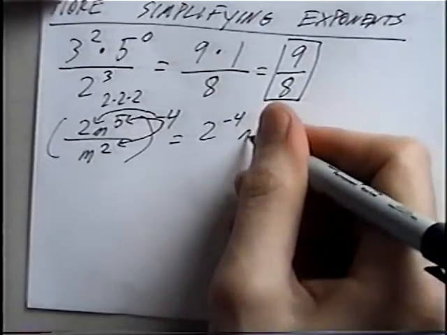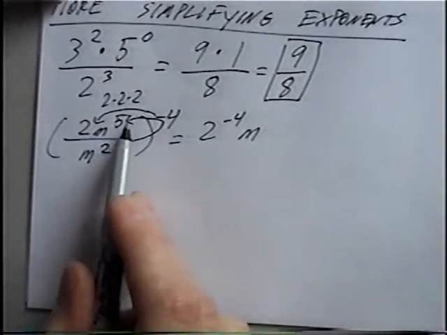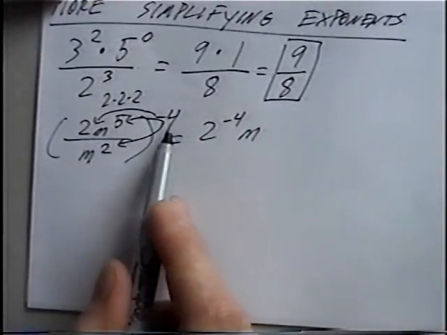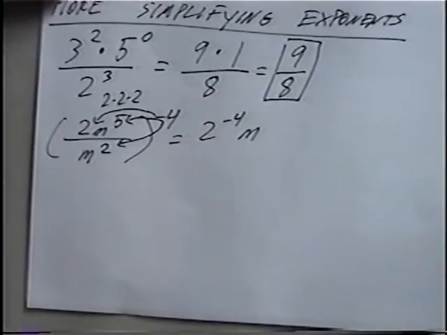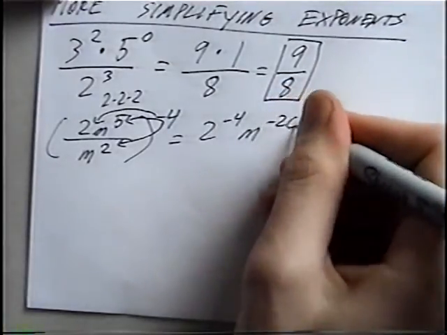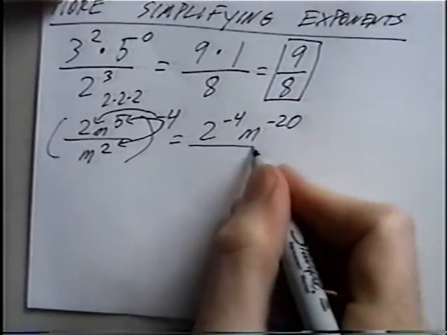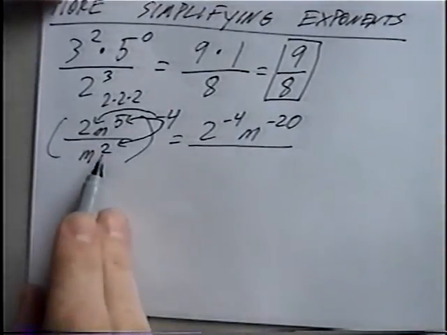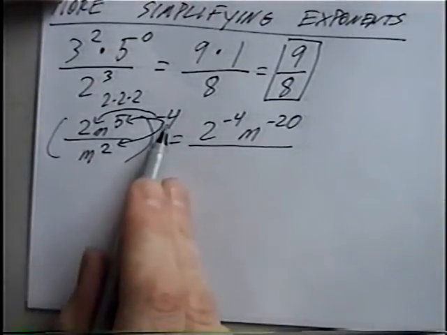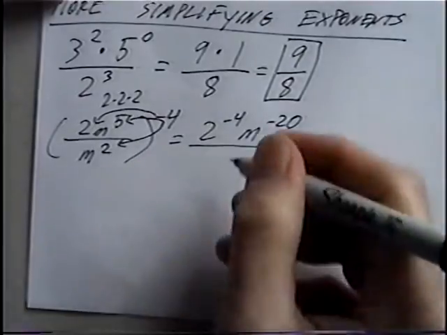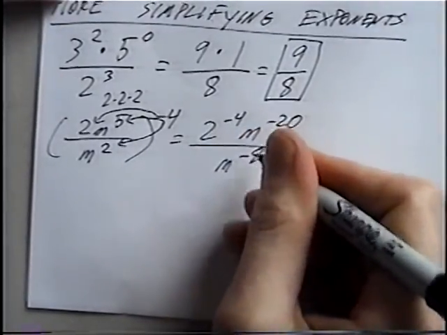m stays the same, but the exponents inside parentheses you multiply 5 times the negative 4, which is negative 20, divided by exponent of 2 multiplied by negative 4 would be m to the negative 8th.